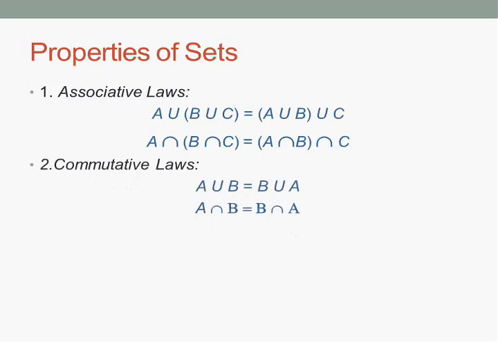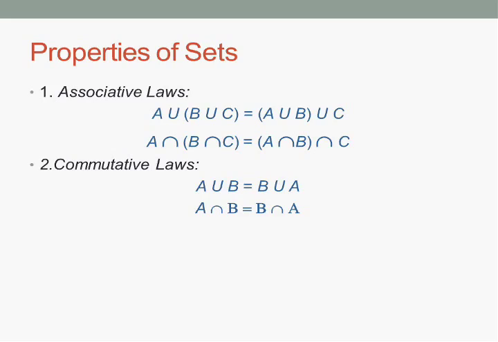Commutative law. This law means that the elements can commute around the operation. That is, A union B is the same as B union A. Similarly, A intersection B is the same as B intersection A, or simply the order is not important. So far we have seen a single operation being done.